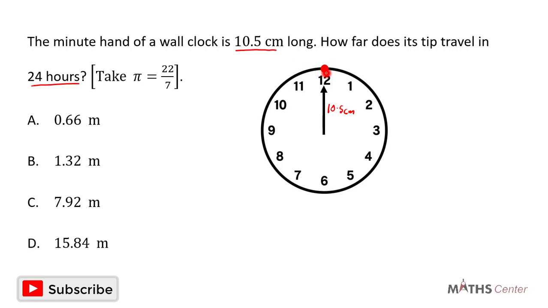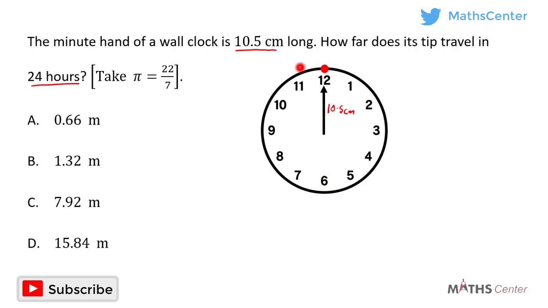So when the minute hand moves from this point and goes around the circular face and comes back to this point, the total time elapsed will be 12 hours. And the distance covered will be the circumference of this circular face.